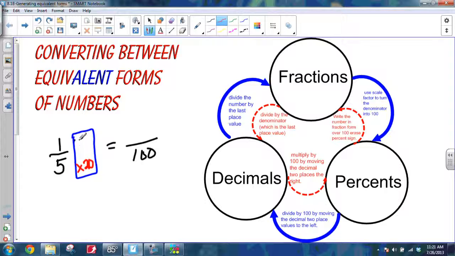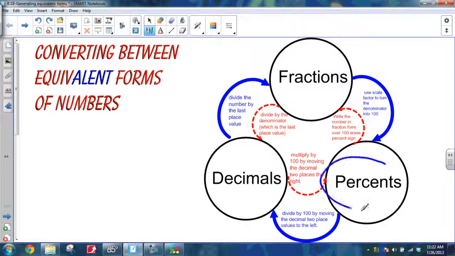And what I do to the bottom, I also do to the top. So if 5 times 20 is 100, that means 1 times 20 is 20 in the numerator. And remember, our division by 100 turns into our percent sign. The percent sign means to divide by 100. And you have the number, 20%. So that's our percent.